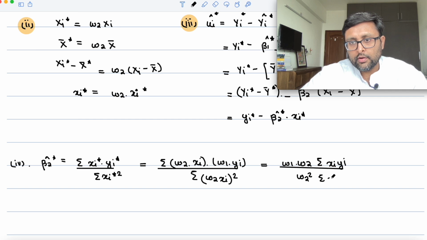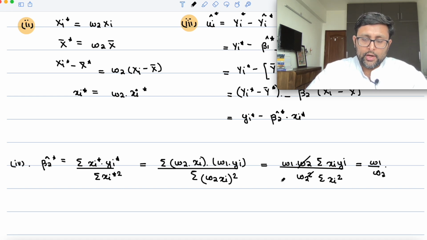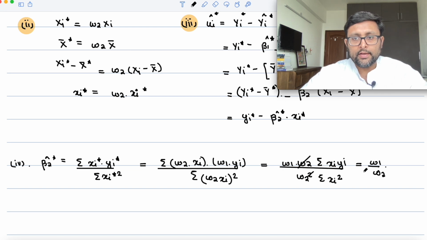W2 square upon summation xi square. So one W2 will get cancelled out here. So you have W1 by W2 into summation small xi yi upon summation of small xi square. What is summation of small xi yi upon summation of small xi square? Beta 2 hat.